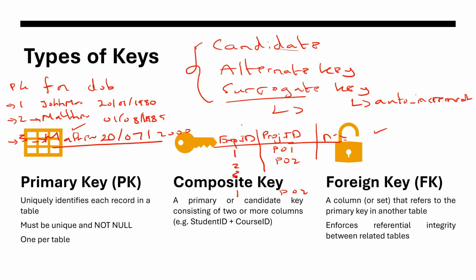So now you cannot say that employee ID can represent the primary key, because there are duplicate employee IDs. Employee ID cannot be used as a primary key on its own. However, if you take the combination of employee ID and project ID, like 1 and P01, and 1 and P02, now you get it distinct, because 1 P01 and 1 P02 are not the same thing.